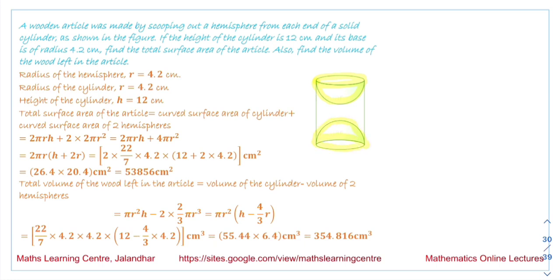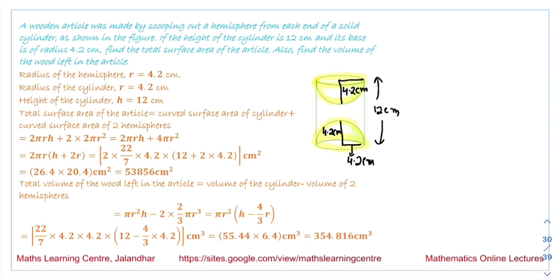If the height of the cylinder is 12 centimeter, and its base is of radius 4.2 centimeter, it means this height is 4.2 centimeter, this height is 4.2 centimeter. Find the total surface area of the article. Also find the volume of the wood left in the article.